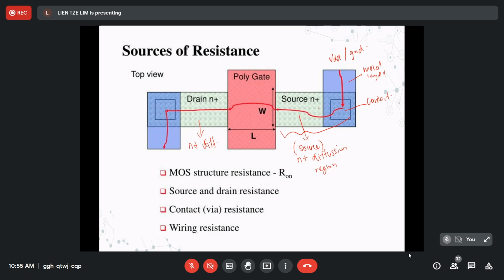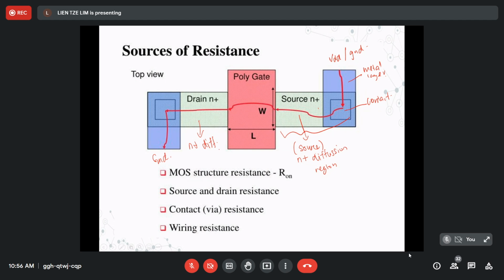And then you see here the current flow. The current flows through the channel underneath the polygate, through the channel to the drain terminal and to the ground, if this is connected to the ground.